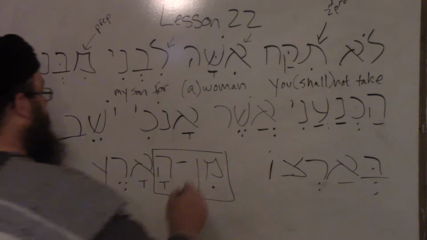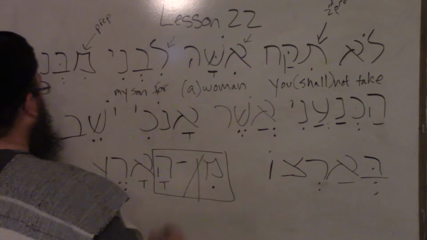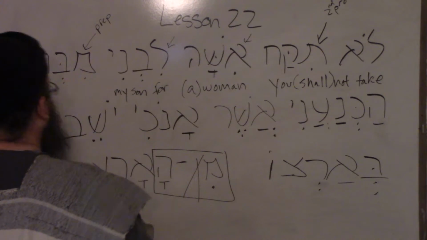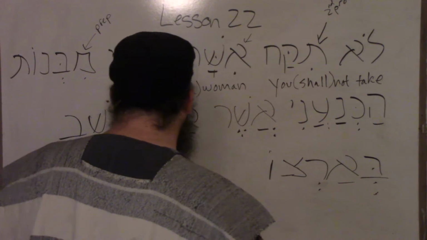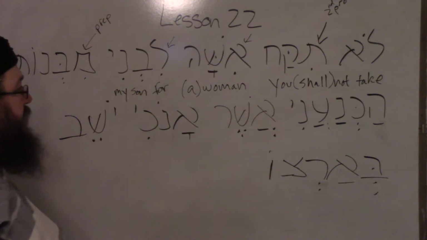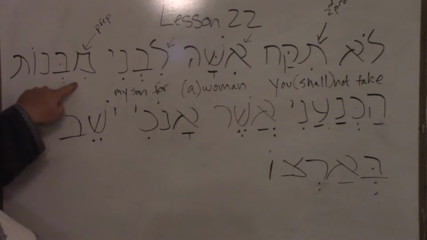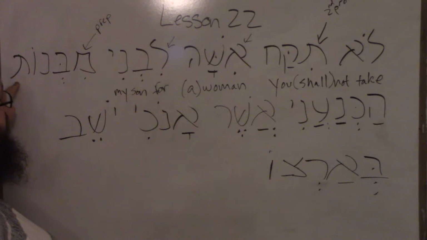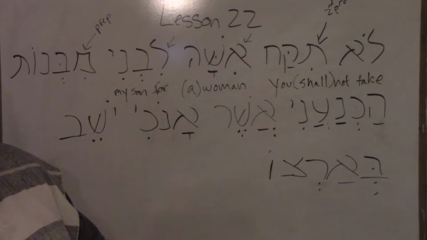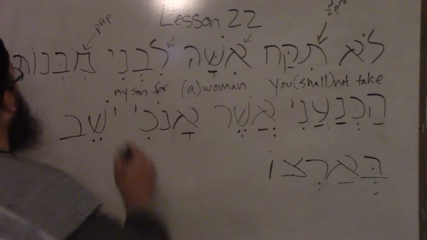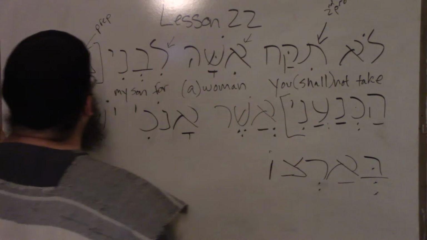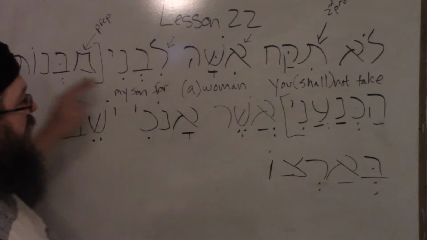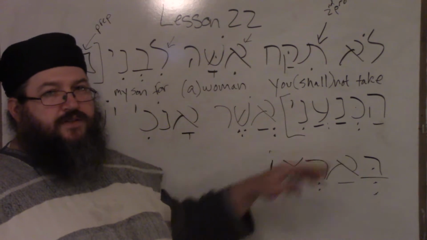So we're going to basically break off the nun and attach the mem to the actual first letter in the word, okay? In this case, we are doing this because this is either going to be indefinite or definite. Since we're beginning, in this case, an actual noun construct, the word banot ha-kanani is our noun construct.